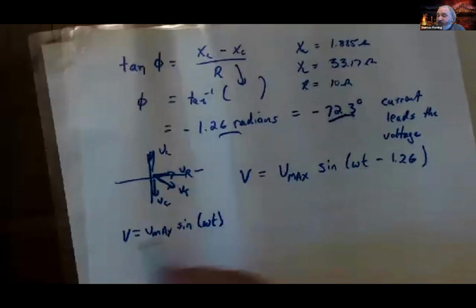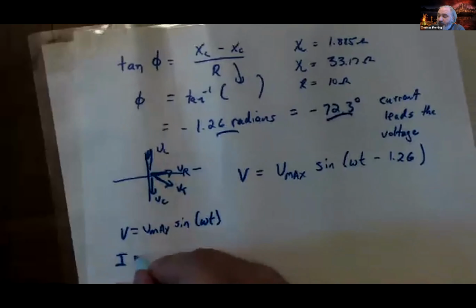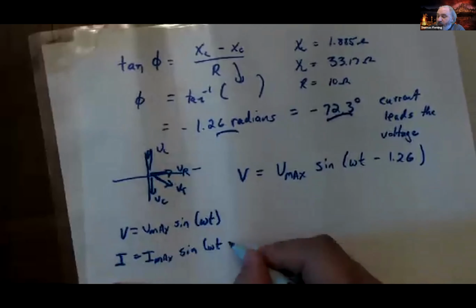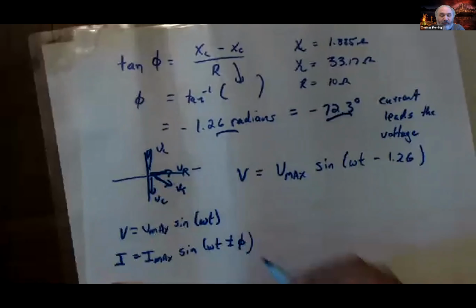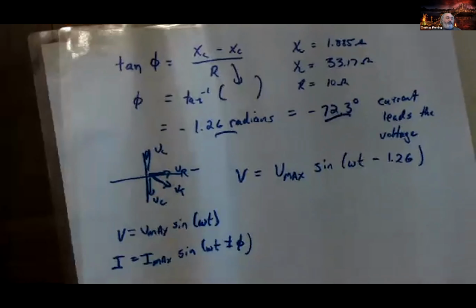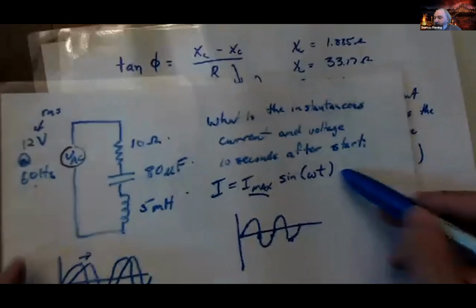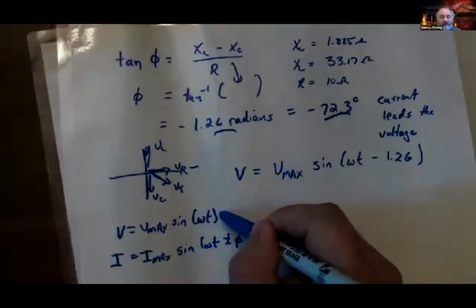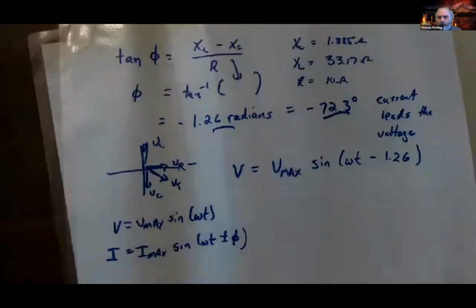But if that's the case, your current is going to equal I max sine omega t plus or minus some phase shift. So in our case, we chose to have the straight up sine be the current and the voltage was shifted. In other problems, you may have the voltage be the one that you're using as your reference and the current would be shifted.